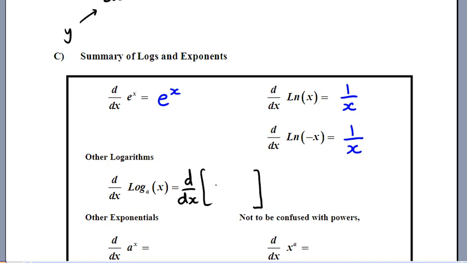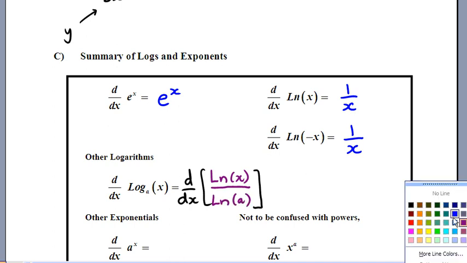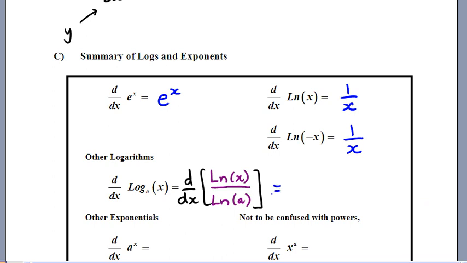You say, oh, that's actually just the ln of x divided by the ln of your awkward base, just a plain old number. And we found in the end, by the time you were done, you do the derivative of that, and that plain old number just hangs around, and then you get the 1 over x.